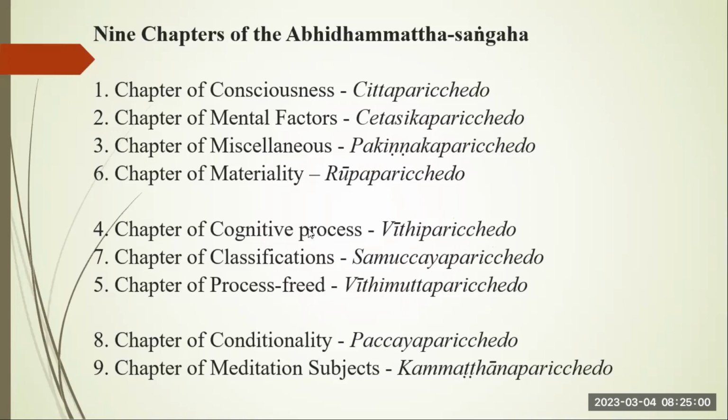Then, in chapter 6, chapter of materiality, we will learn about 28 matters we call rupas in Pali. In the 4th chapter, in the 2nd step, we will learn about the cognitive process, how our mind arises one after another, mainly based on 6 doors.